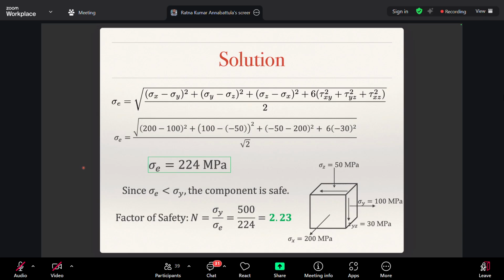Call that J2. I2 is for the full stress tensor. This is only for the deviatoric stress tensor. Yeah, understood, sir. Thanks.